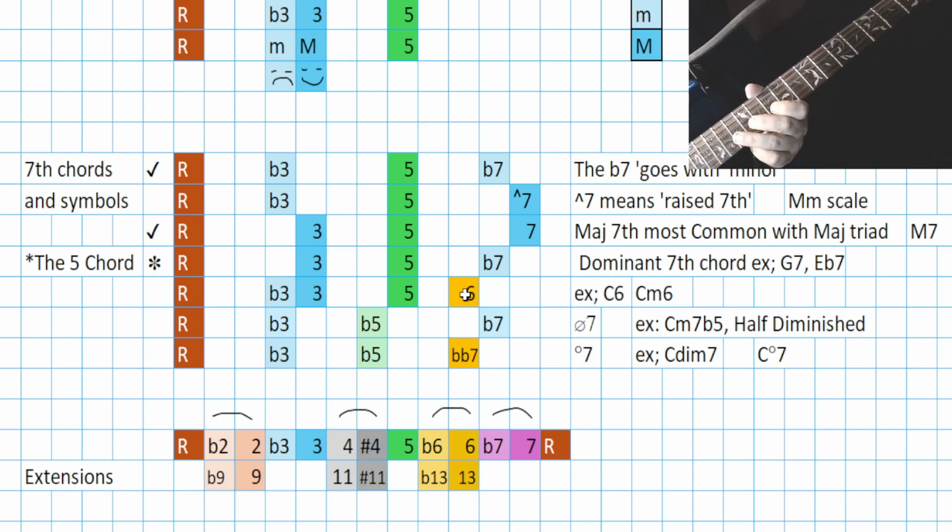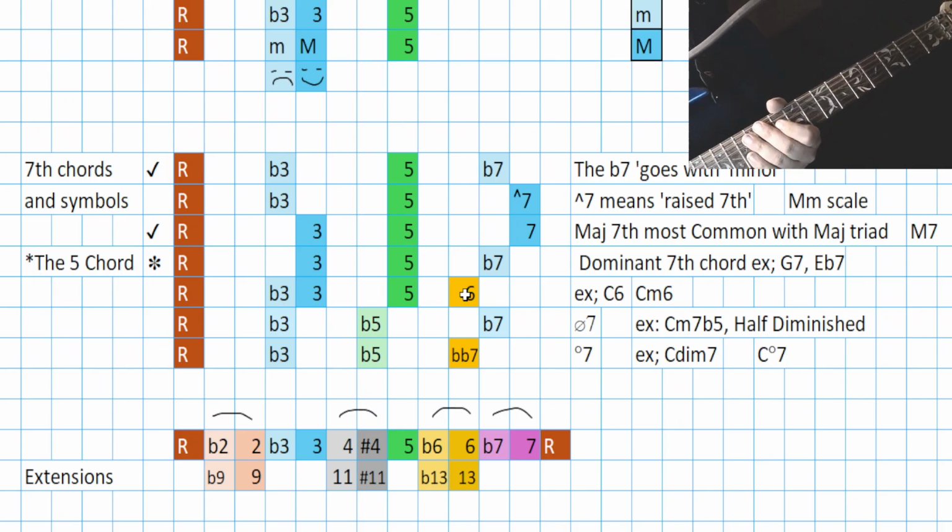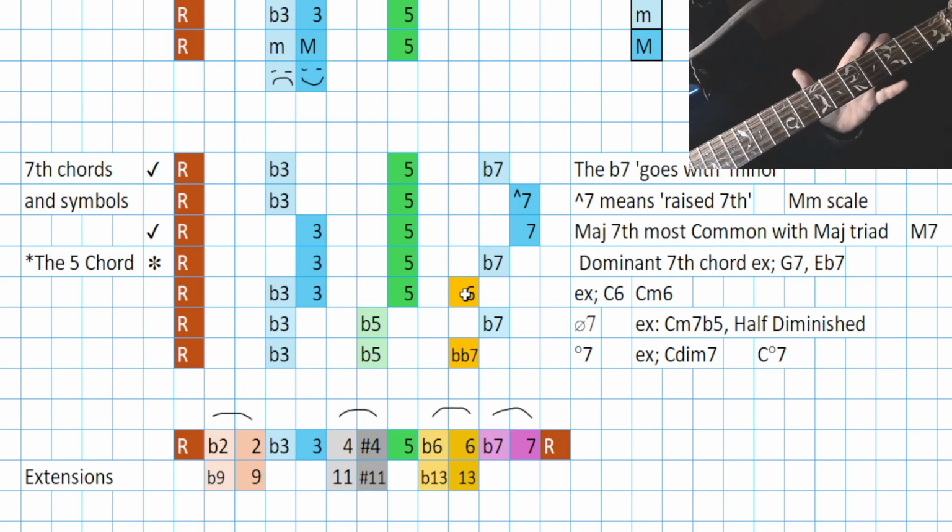But the 6 is cool because it does this trick where it allows us to play ideas to solo over major or minor chords with one shape, as long as you include the magic of this 6. Now that won't make any sense to someone who's new.